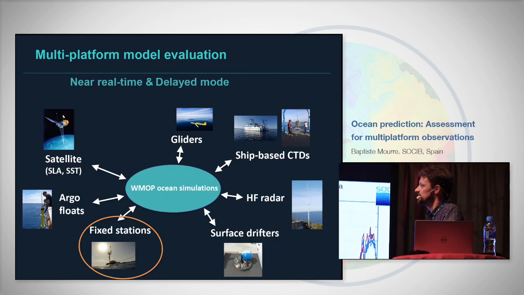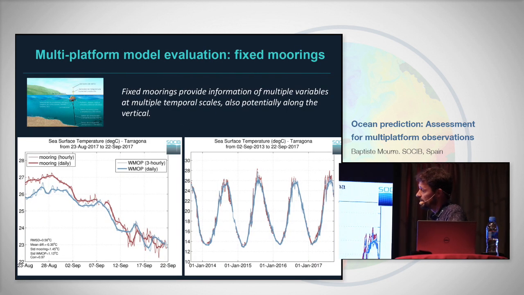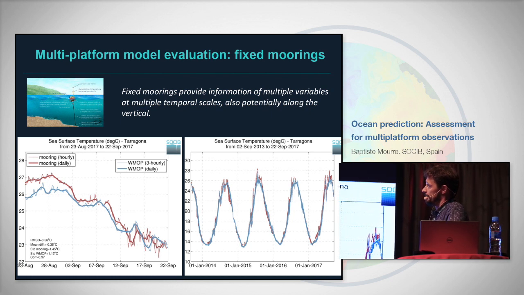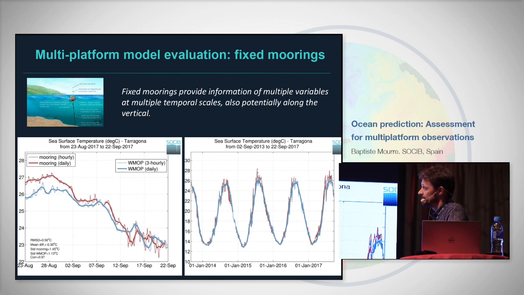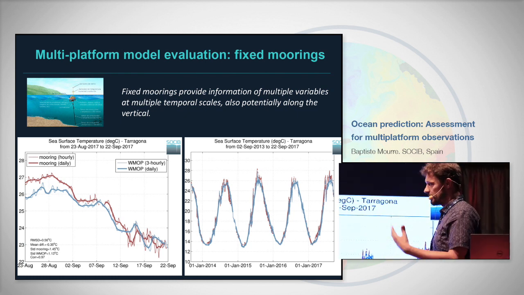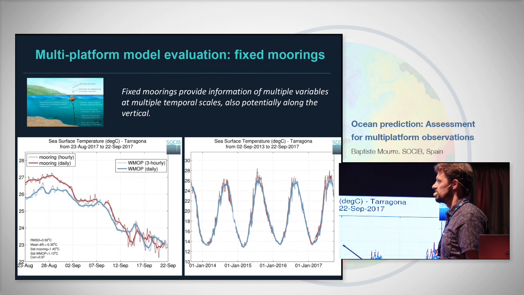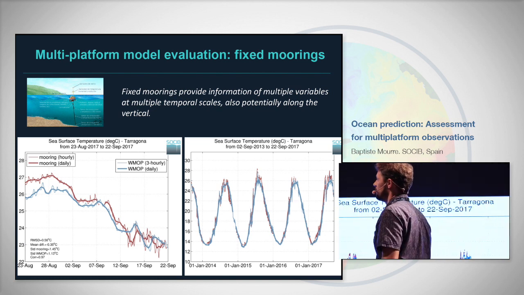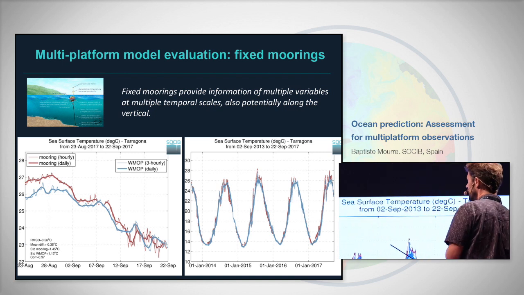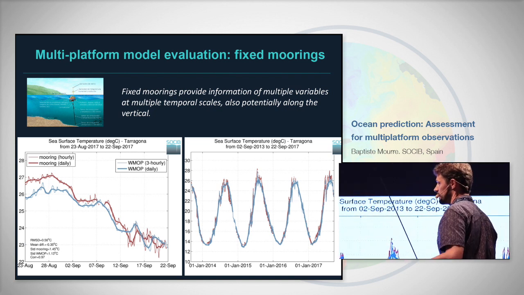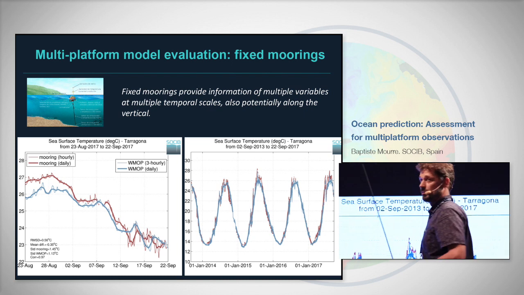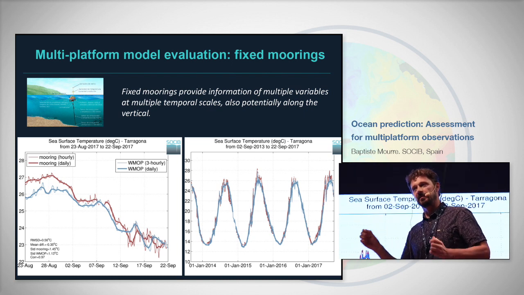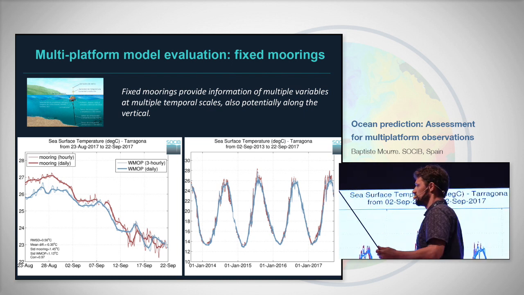Okay, so fixed stations are another very important data source, providing very high frequency information on different variables. They can be equipped with a lot of different sensors: temperature, salinity, currents, also providing you data at depth. So you may have very long time series, allowing you to identify the model accuracy at very different temporal scales.